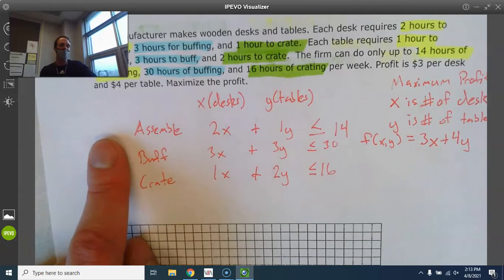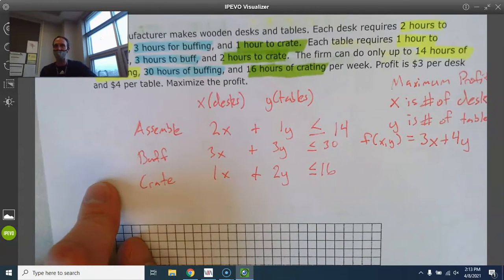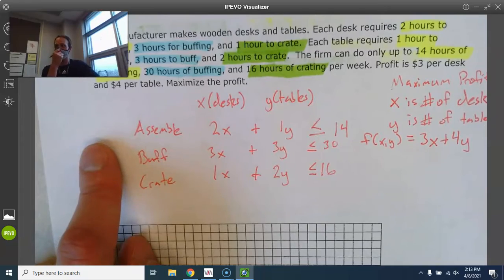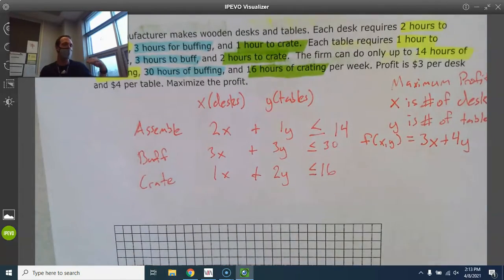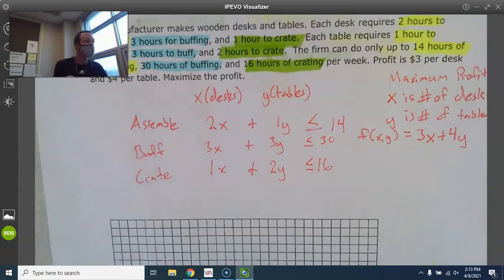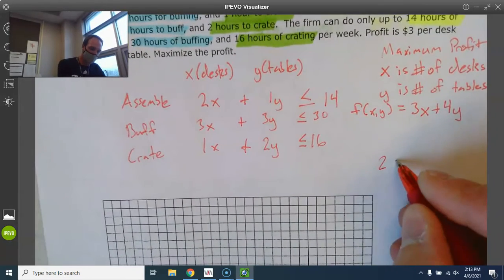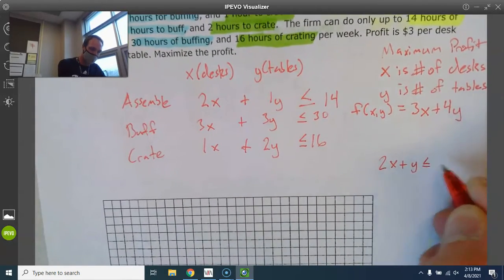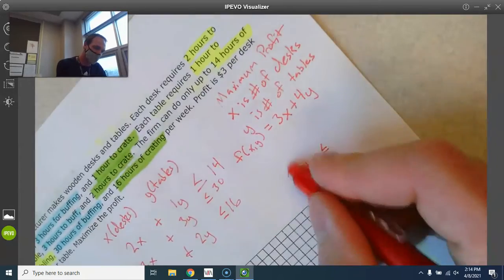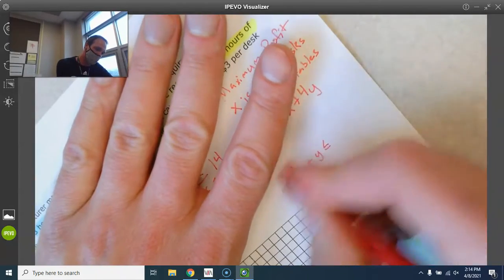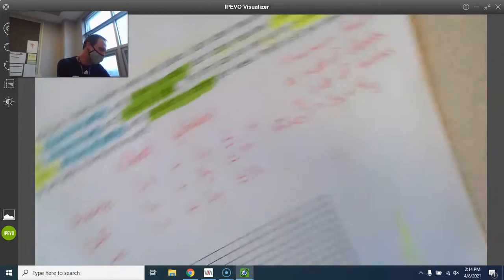We know how many hours it takes to assemble, buff, and crate. We don't know the number of desks that we need. So that's a good way to check: I don't know the number of desks, I don't know the number of tables, but I know the hours that it's taking. So 2x plus y is less than or equal to 14, and I do my graphing in a different color.